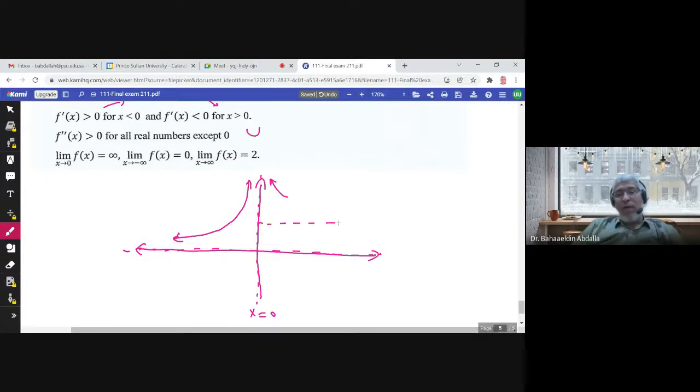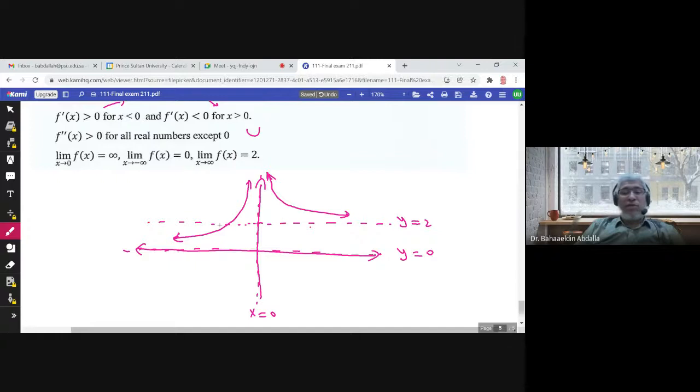There is no problem if the graph cuts the horizontal asymptote. So y equals 2 is a horizontal asymptote, and when x approaches infinity, the graph approaches 2. So I can sketch the graph like this.